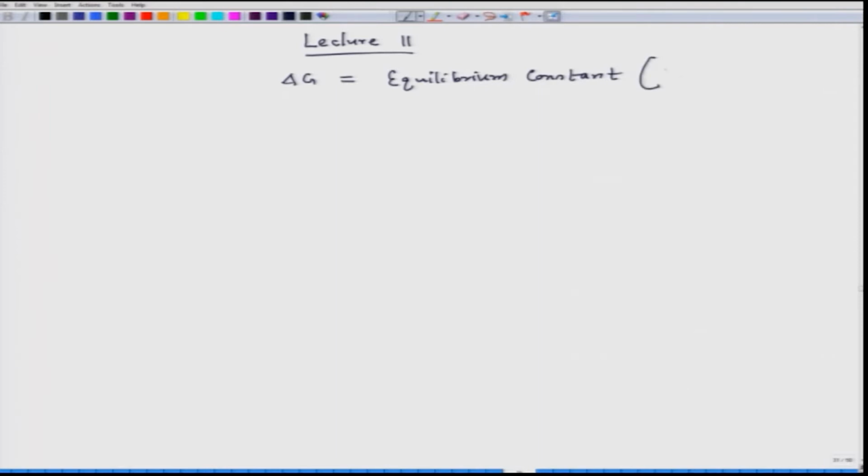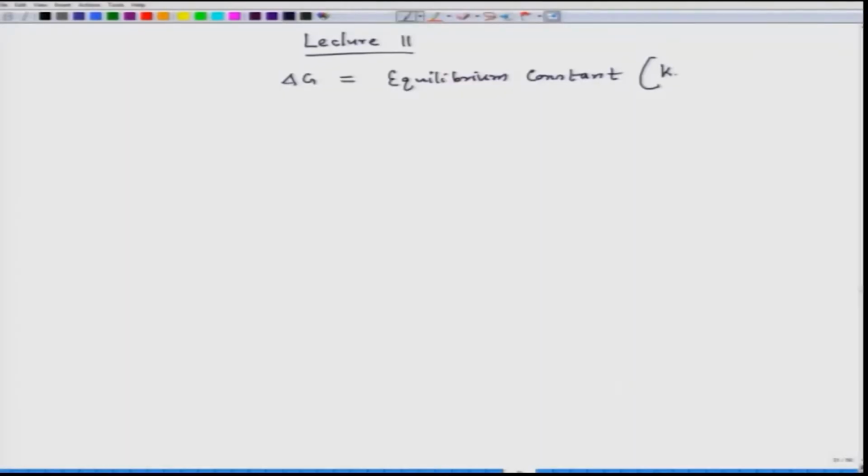This equilibrium constant, depending on whether we are taking mole fraction as our concentration of the species or activity, accordingly has got its name: Ka when we take the activity of the species in a particular chemical reaction, or Kx when we take mole fraction to be our concentration of those species in the system.